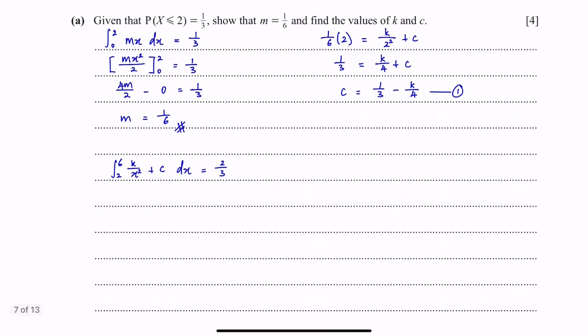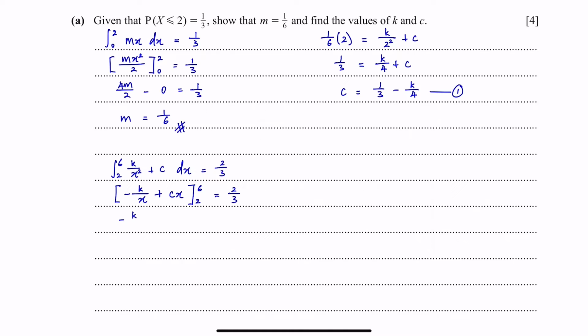So we integrate this, we can get negative k over x plus cx from 2 to 6 equals to 2 thirds. And we can sub the values in.